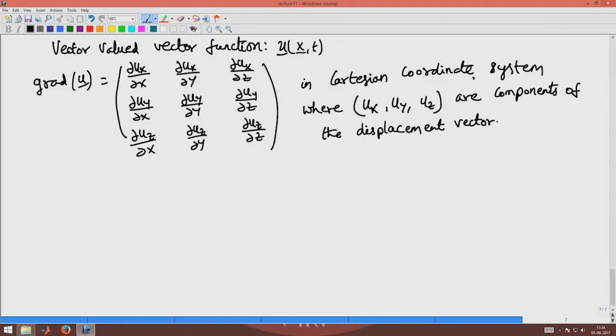To be more specific, these are the Cartesian components of the displacement vector.